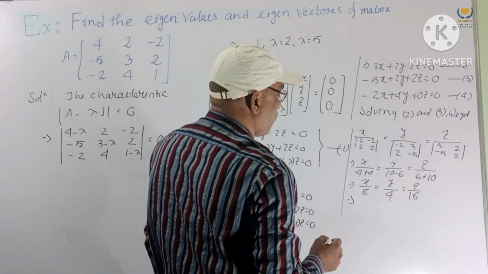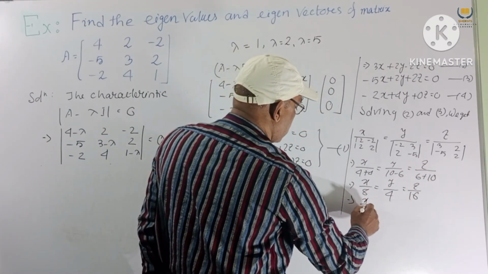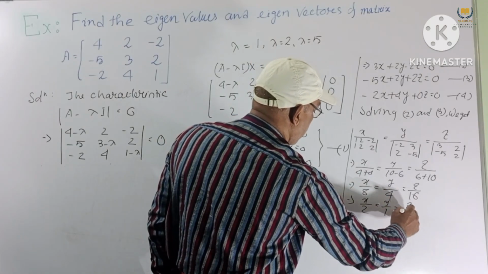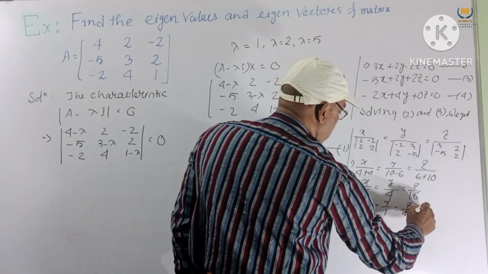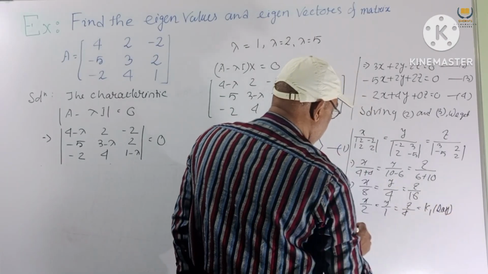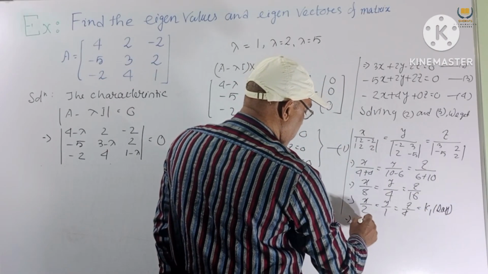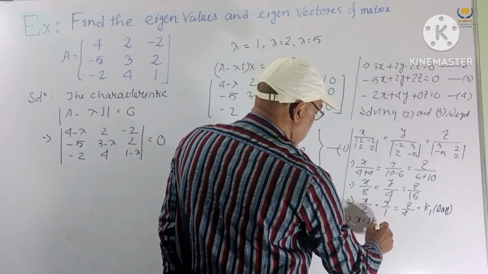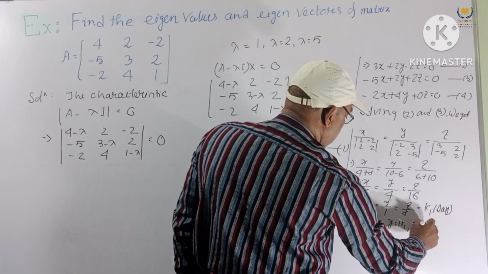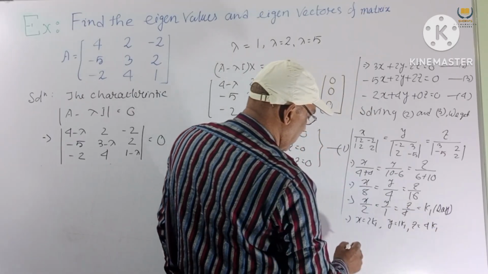Dividing by 4, x by 2, y by 1, z by 4. This equal to k1 say. So this implies x equal to 2k1, y equal to 1k1, z equal to 4k1.